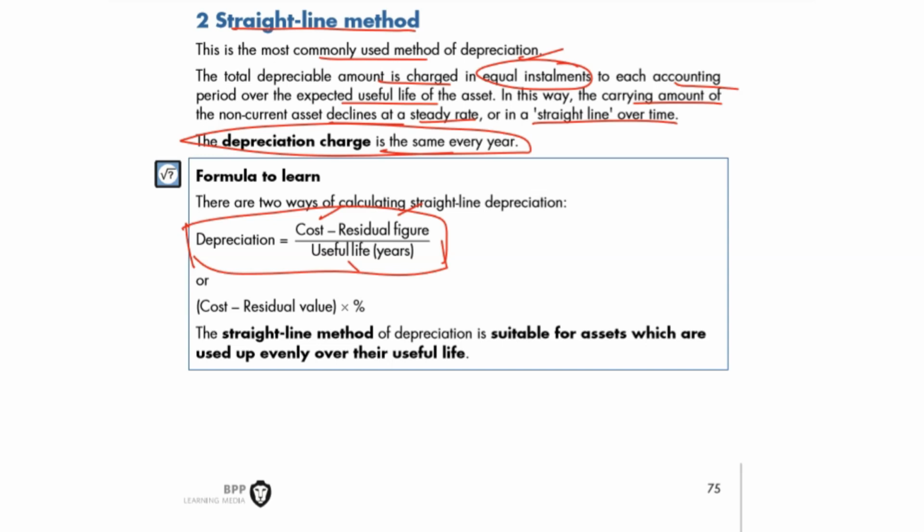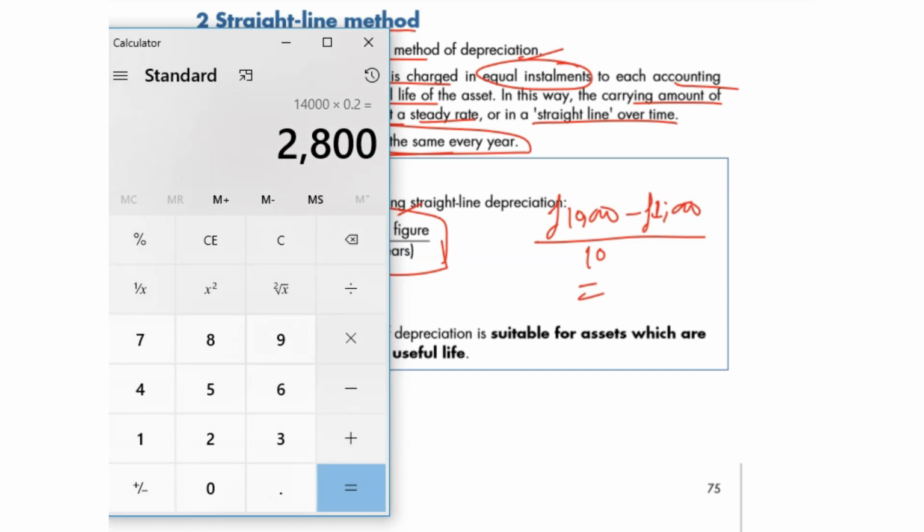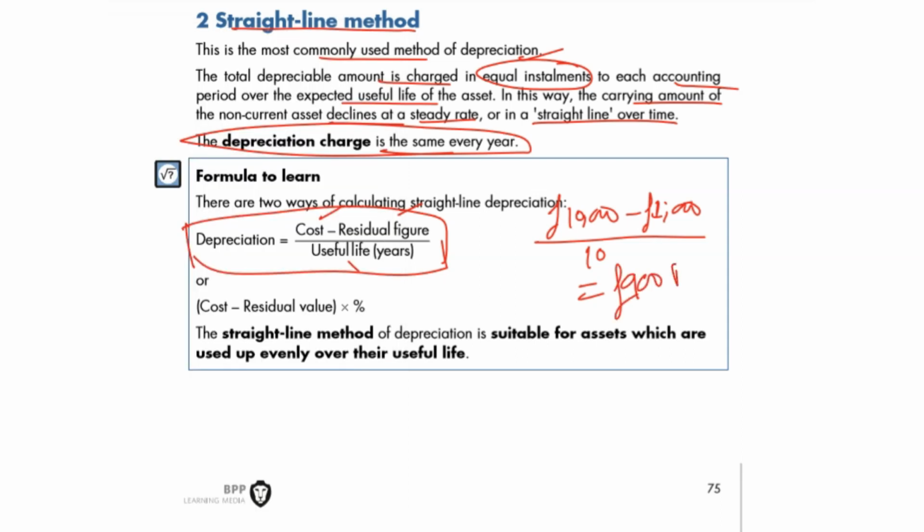In our previous example, last video, 10,000 was the cost, less 1,000 scrap value or residual value, also known as sellable value, salvage value, different names, divided by number of years, 10 years, equals to, what are you going to get? It's just an imaginary figure we're doing: 9,000 divided by 10, 900 is the depreciation charge every year. That's how you calculate depreciation.